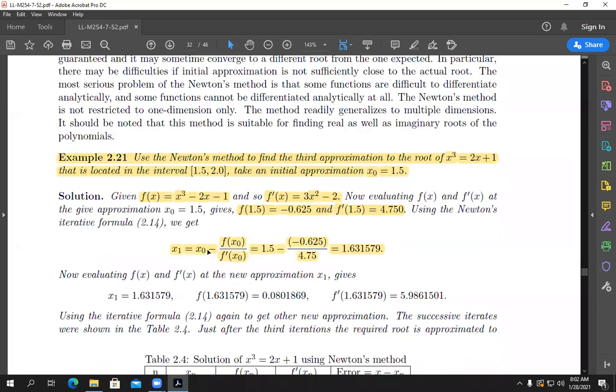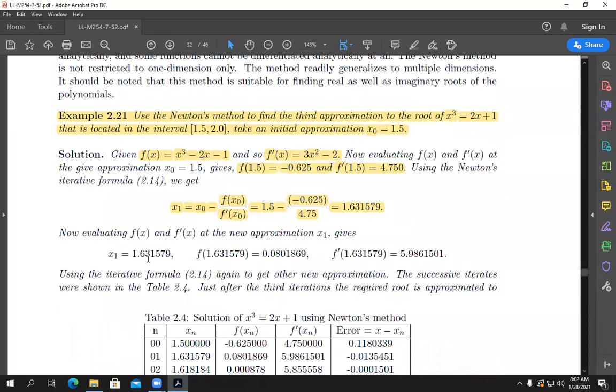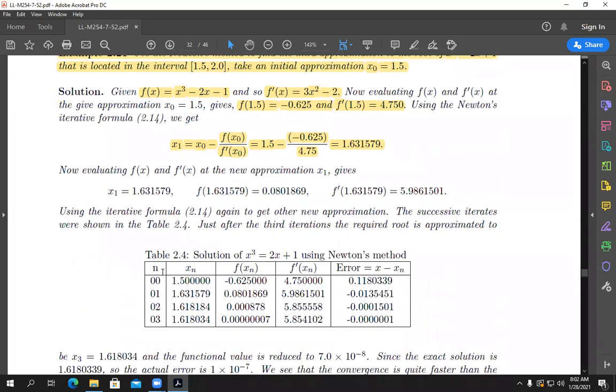And then you continue like this to find the second approximation and the third approximation. This is the third approximation. Now you can see the third approximation of the root is 1.61834, and then we check the value of the function at this point. Now you can see the value of the function at this point is how much?